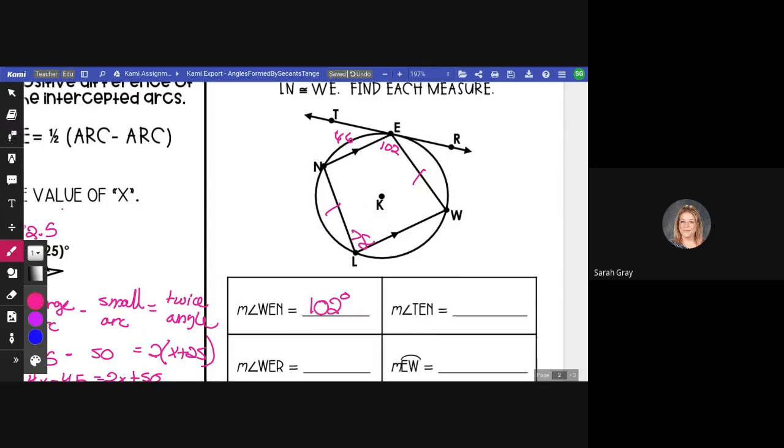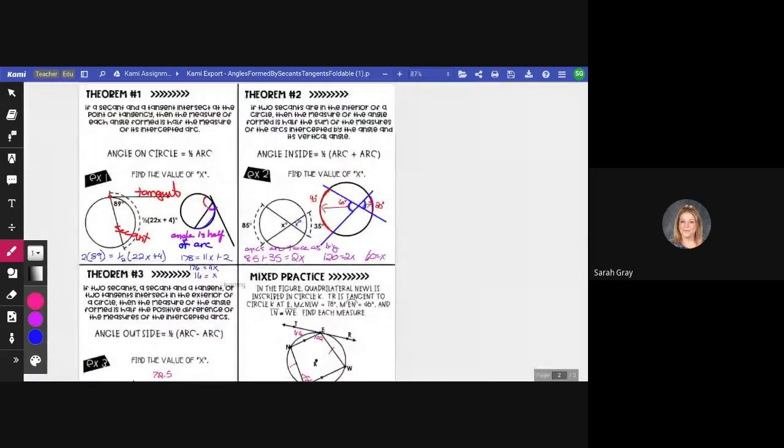Okay, how about the measure of angle TEN? You need one of the new theorems from today to do this one. Specifically, theorem 1.